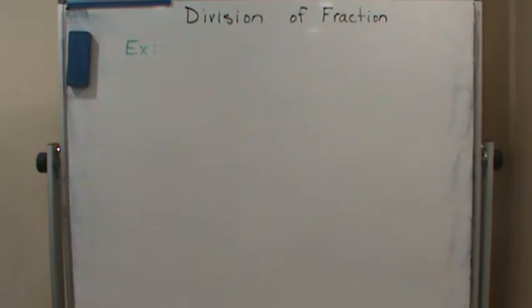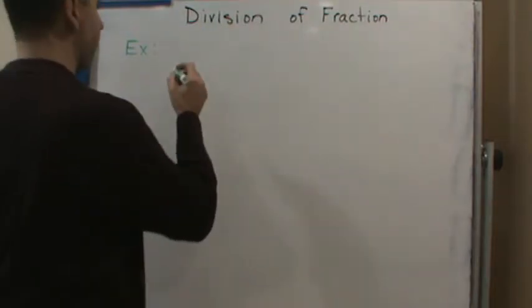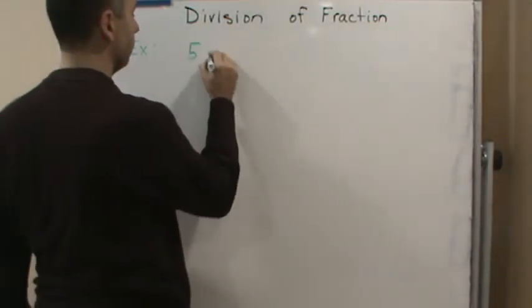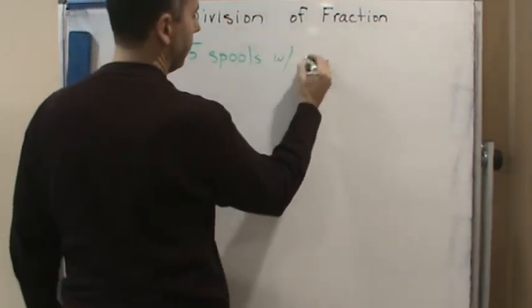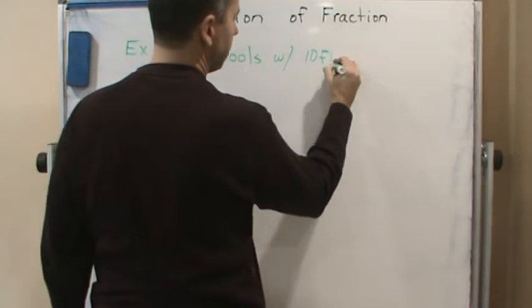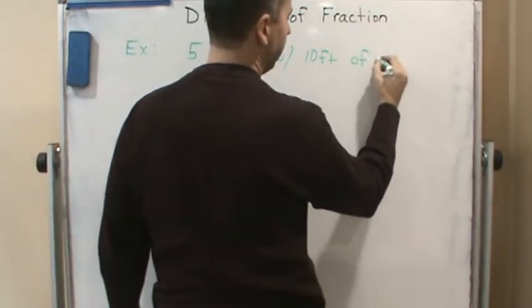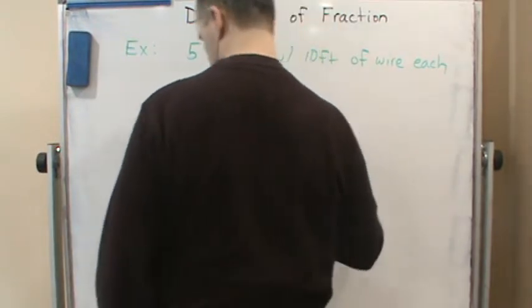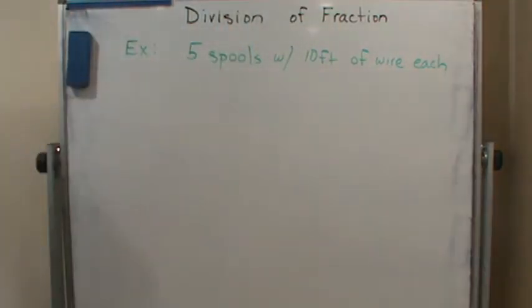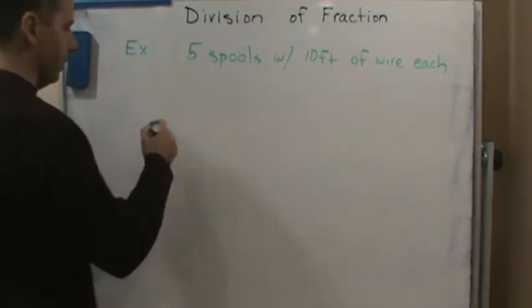Okay, so now here's the thing. He's got 5 spools with 10 feet of wire each. Okay. He needs to cut 18 1/4 inch lengths.